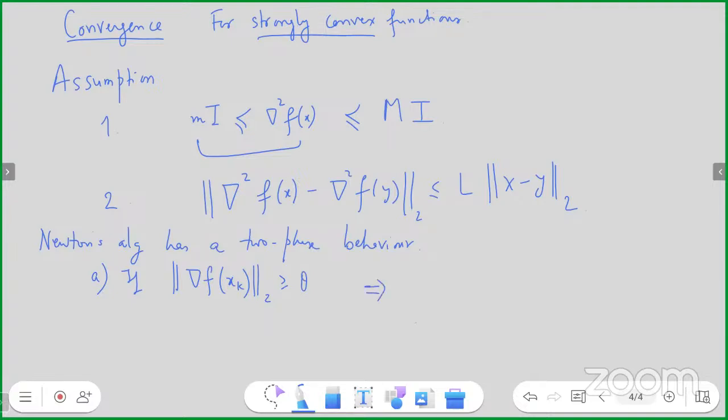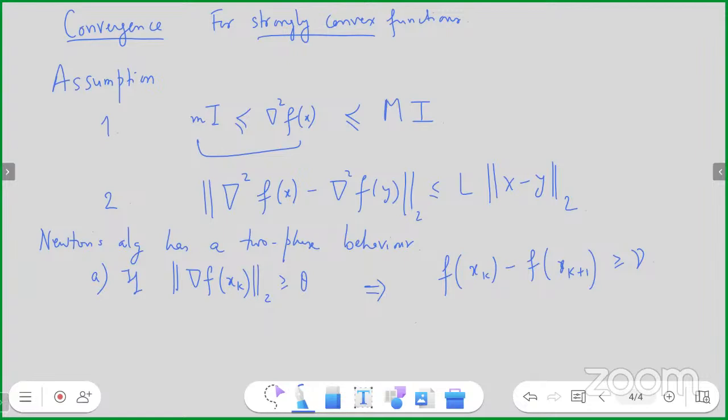We're going to get something like f of xk minus f of xk plus 1 is greater than or equal to some gamma. This is not precise, I'm just trying to explain what we are going to see. What does it mean? All I'm getting is a reduction. I'm not getting really the quadratic convergence I had hoped for.